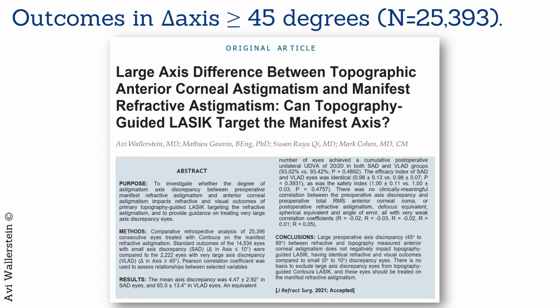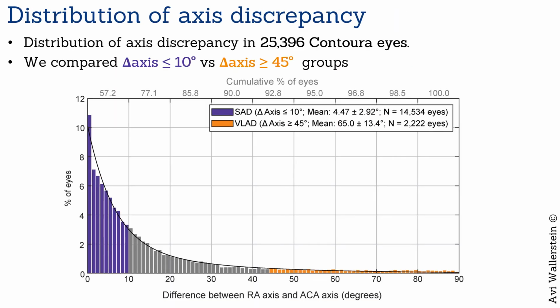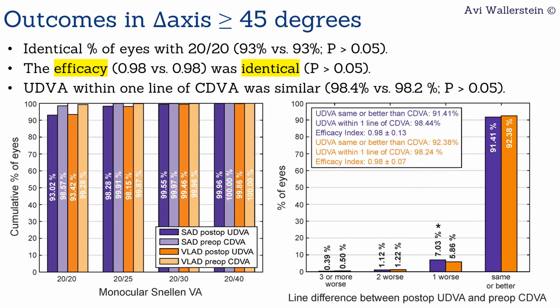We also looked at outcomes in small versus very large axis discrepancy eyes above 45 degrees in 25,000 eyes. The comparison was small axis discrepancy of less than 10 degrees versus very large axis discrepancy of greater than 45 degrees. Percent of eyes with 20/20 was identical, the efficacy was identical, UDVA within one line of CDVA was similar.